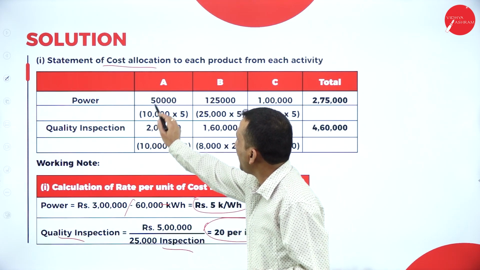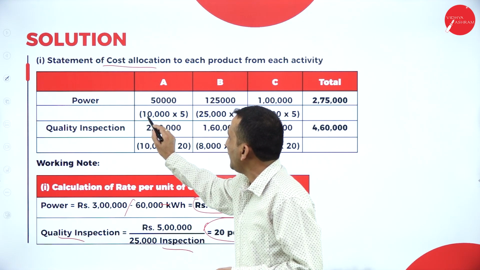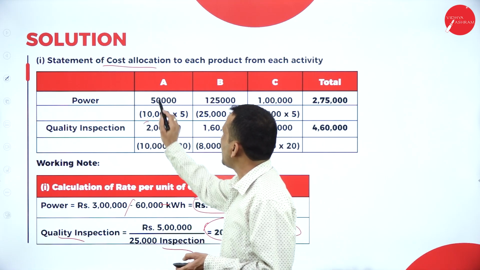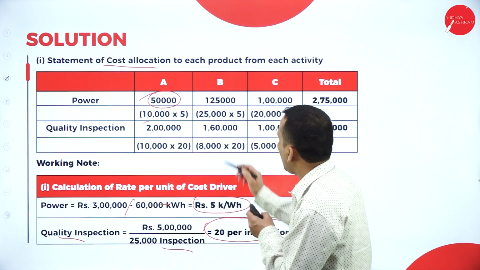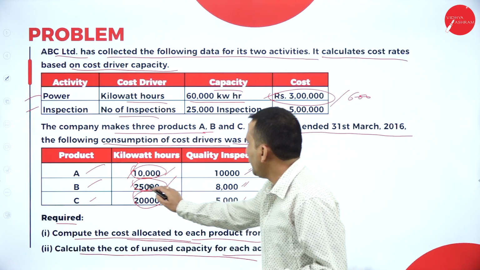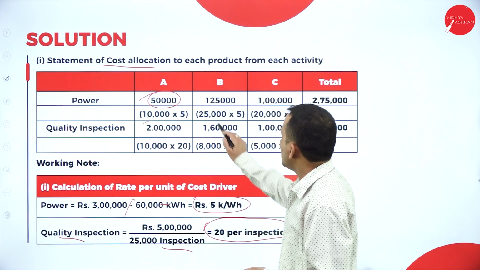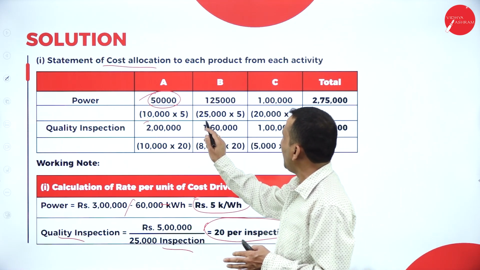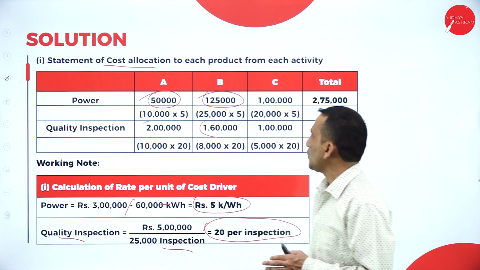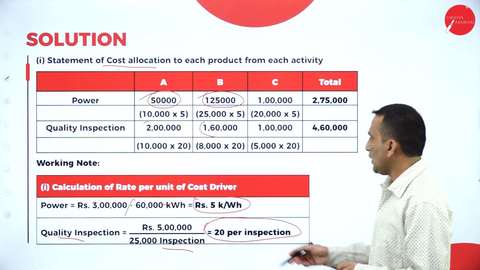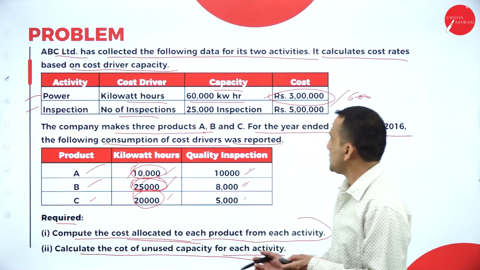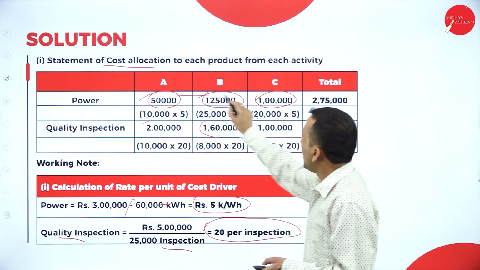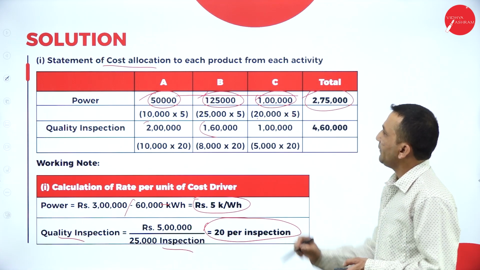Here the rate we got is 5, so 10,000 into 5 gives 50,000. Product B, 25,000 into the rate 5, if you multiply, we get 1,25,000. For product C, 20,000 into 5, we get 1 lakh. If you take the horizontal total, 2,75,000.